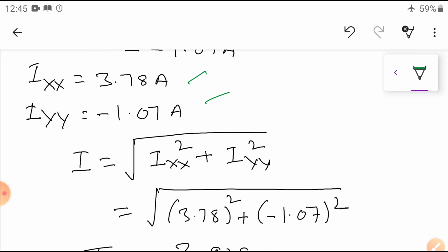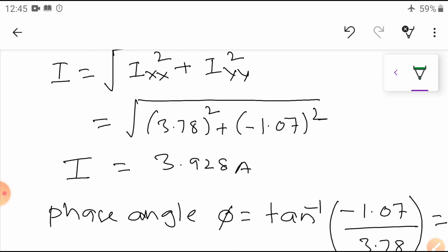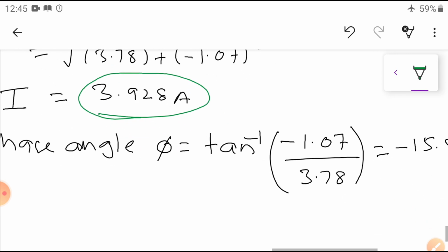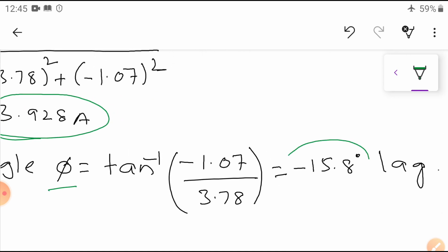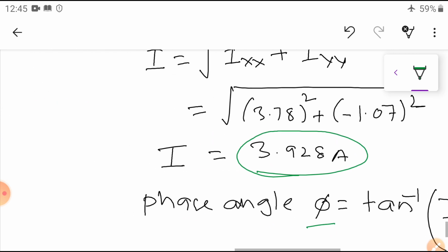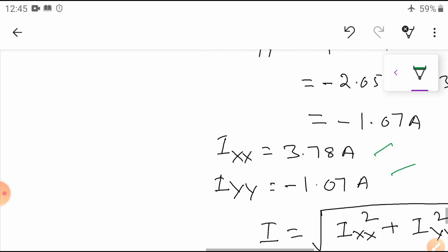The total current is equal to the square root of x squared plus y squared. If you know this, the phase angle phi is equal to tan inverse of y component by x component. Then I get this angle, which is lagging. These are the problems similar to the previous case.